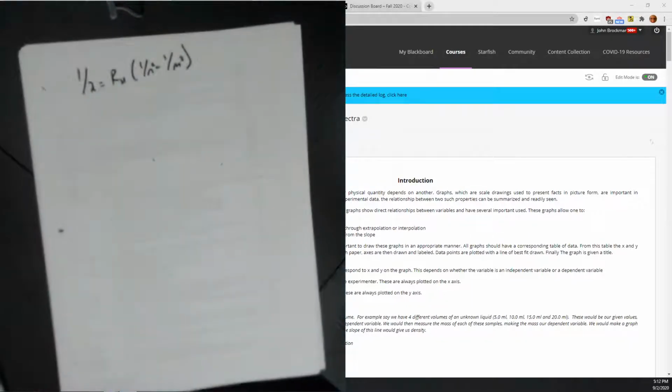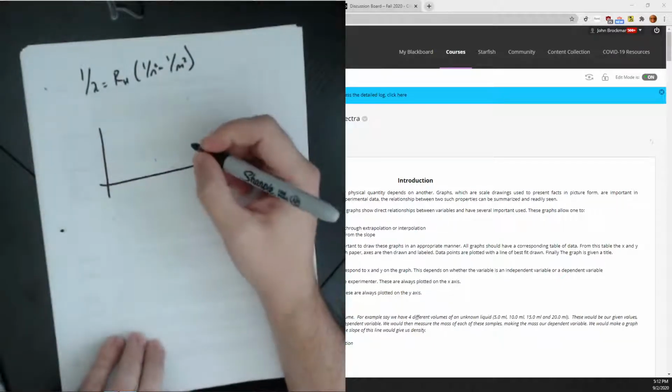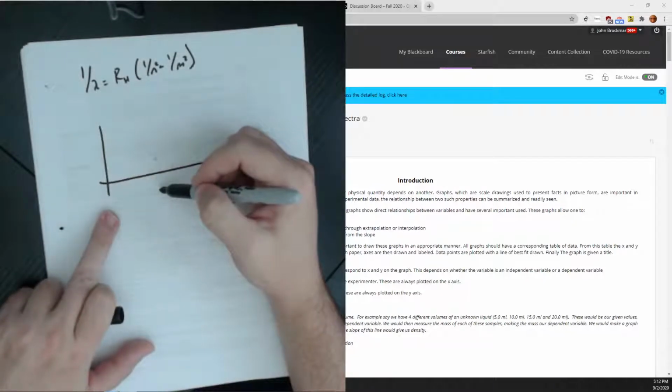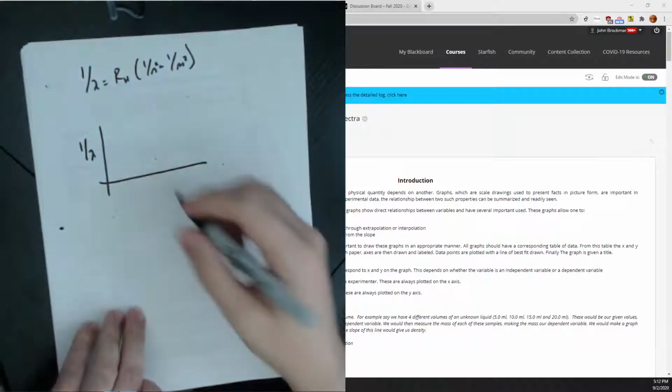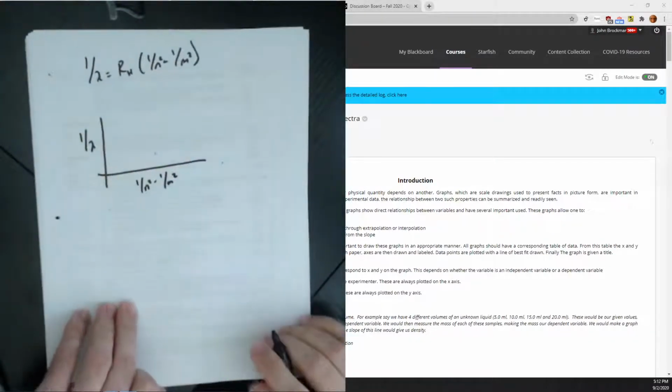All right, the way we do that is, instead of graphing, say, wavelength versus m, we will instead be graphing 1 over the wavelength versus 1 over n squared minus 1 over m squared.